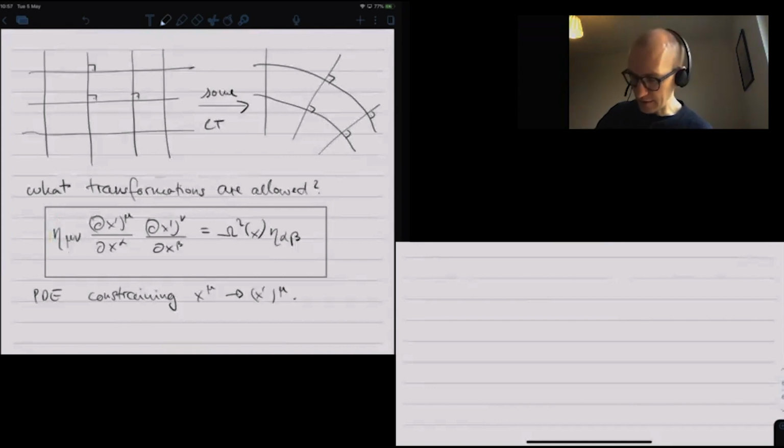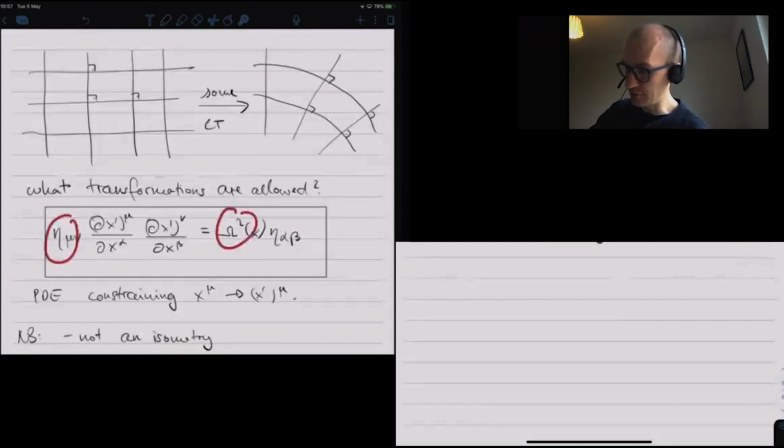So a couple of names for these things. The transformation x to x primed is not an isometry, but it is what people call a conformal isometry. Isometry, of course, means that the metric stays the same, but here the metric stays almost the same.